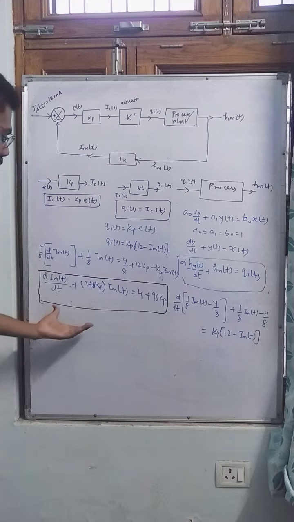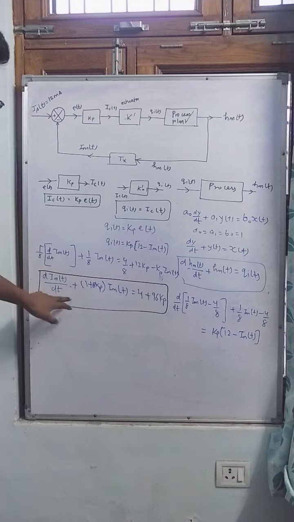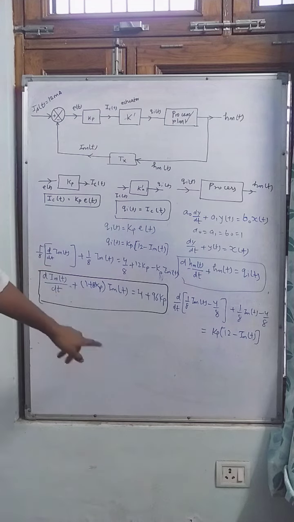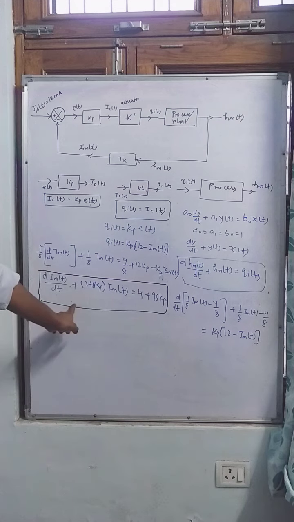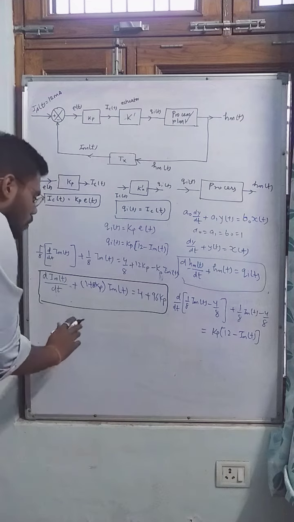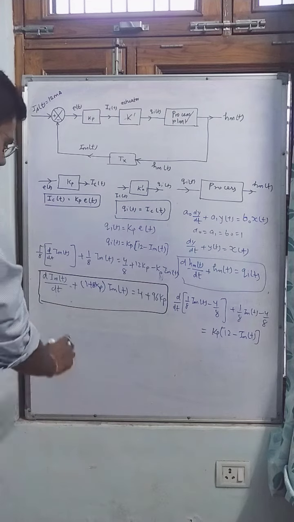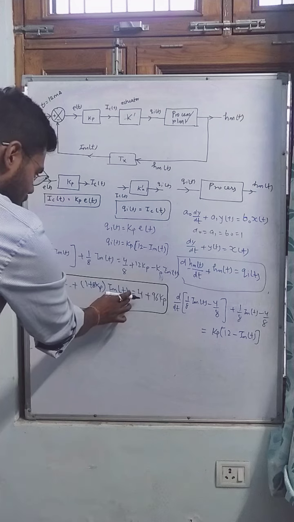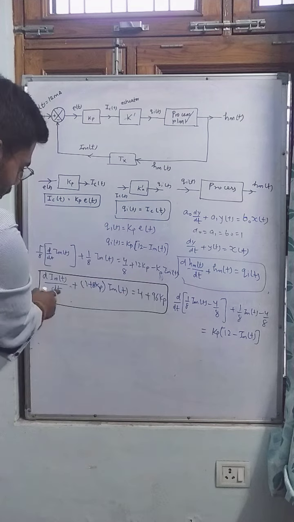So this equation, are you familiar with this equation? It is simple. What is this equation? First order differential equation, yes or no? Now you know how to solve it. You know the procedure. Here imt is the dependent term and t is independent.